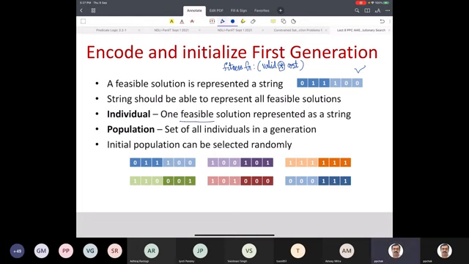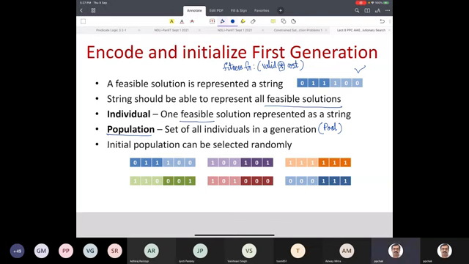You may also work only on feasible solutions, so you may randomly generate feasible solutions. And then you create what is called a pool of feasible solutions, and this pool is called a population.